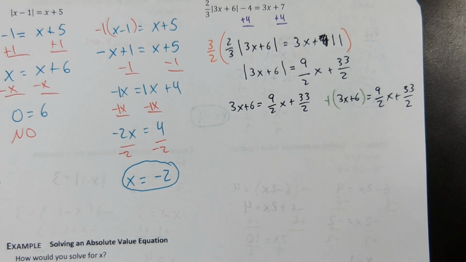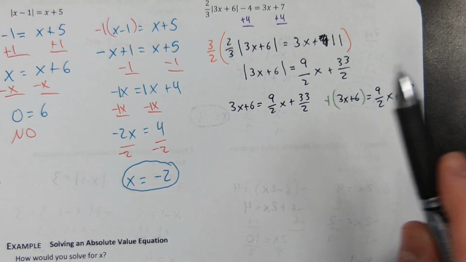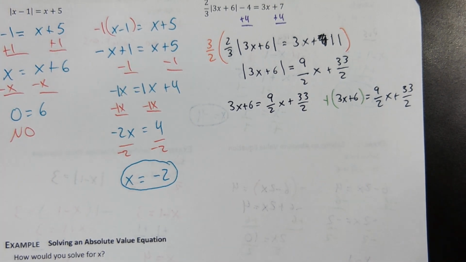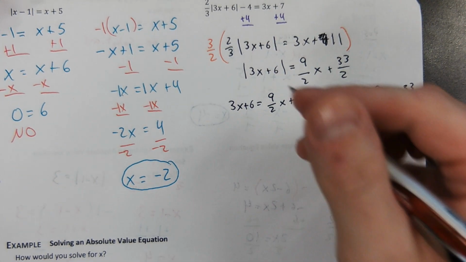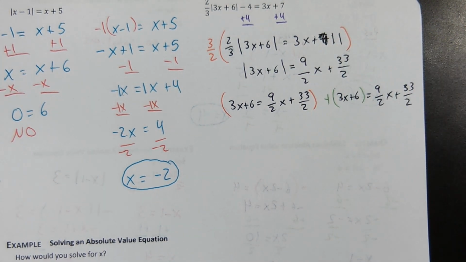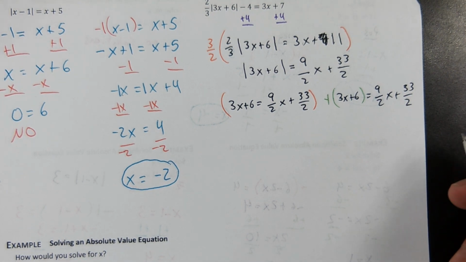Let's be real. Most of you don't like fractions, right? So because these things have the same denominator, I want to get rid of the fractions again. Multiply by 2 is going to get rid of all the fractions. But Mr. M, we just moved the 2. I'm aware. That's because that's one of those things that you could have gotten away with not moving if you were really, really comfortable with it.